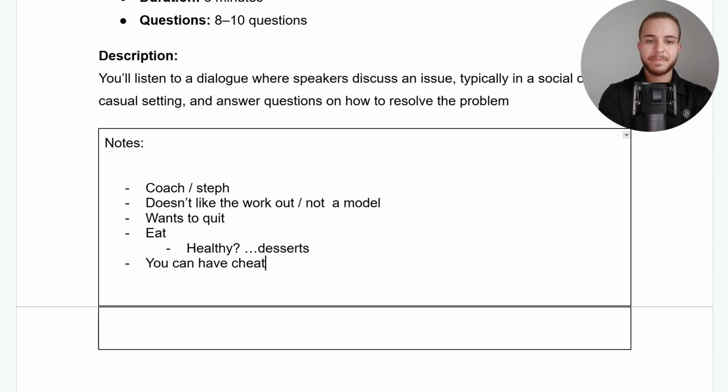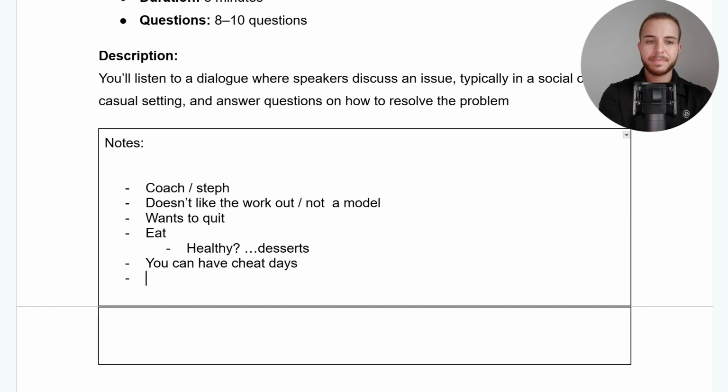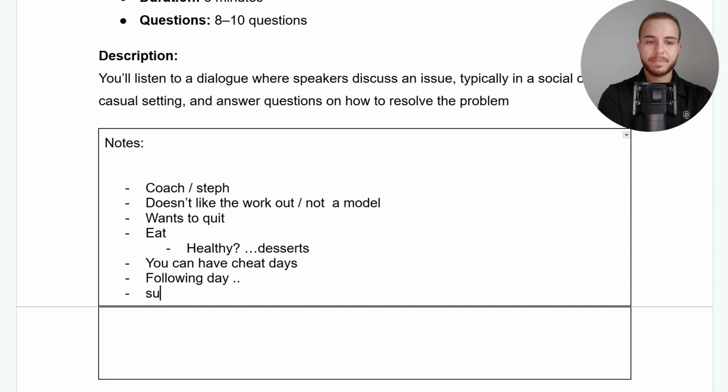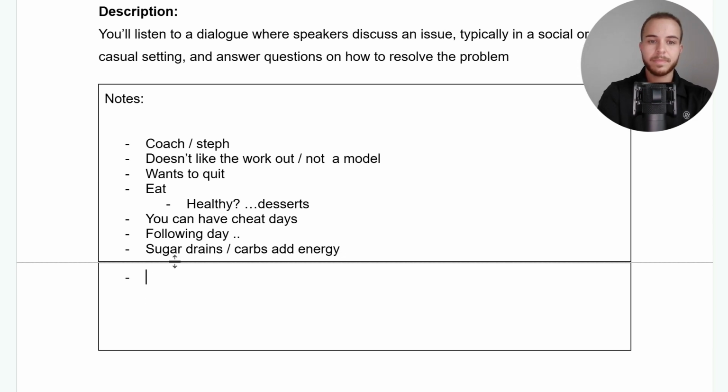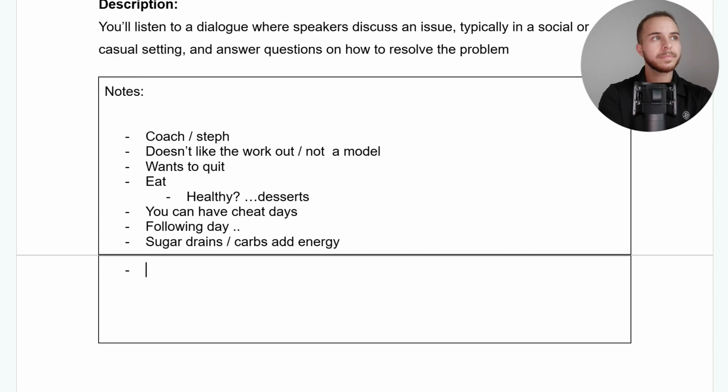But let me tell you something. Whenever you consume sugar, the following day you will be down on energy. Sugar drains you, while carbs, and only the good ones, can give you the energy needed for the following day's workout. That is why you feel the way you do today. And you do understand what you need to do now to get better, don't you? Yes, Coach, I do.